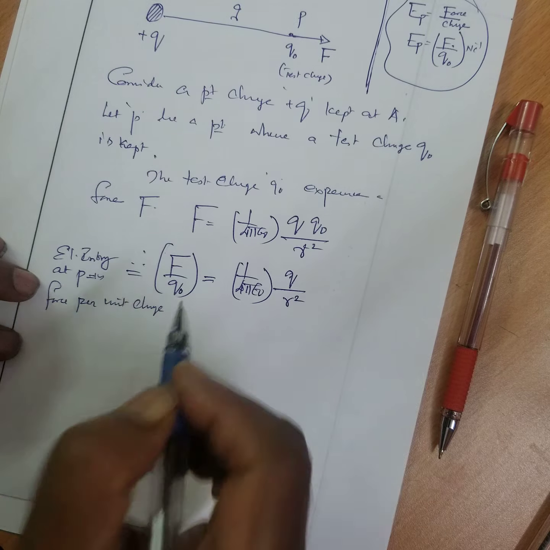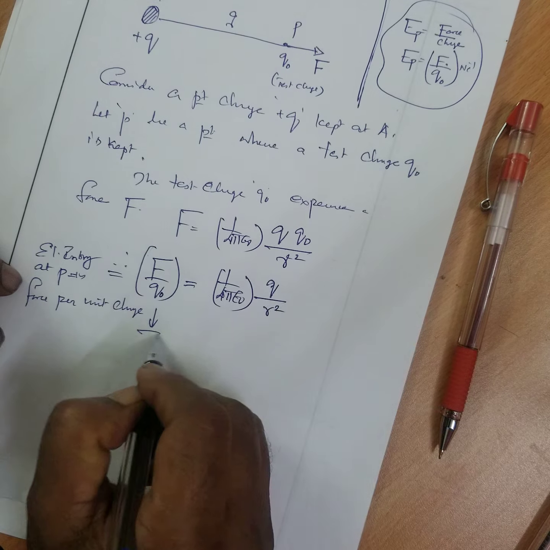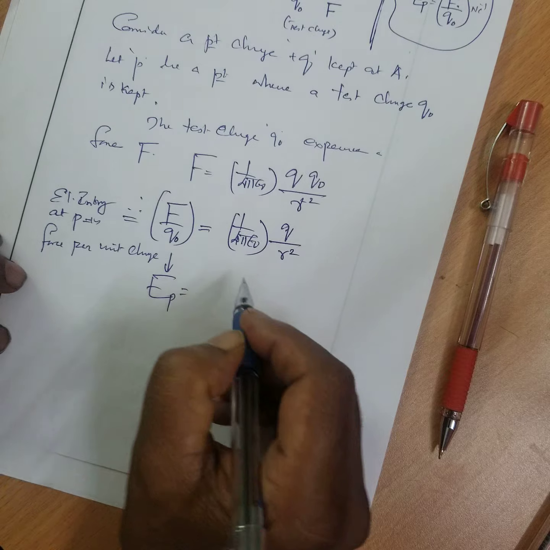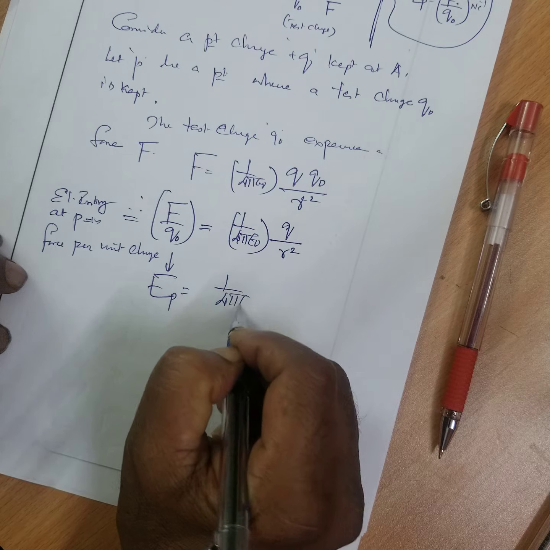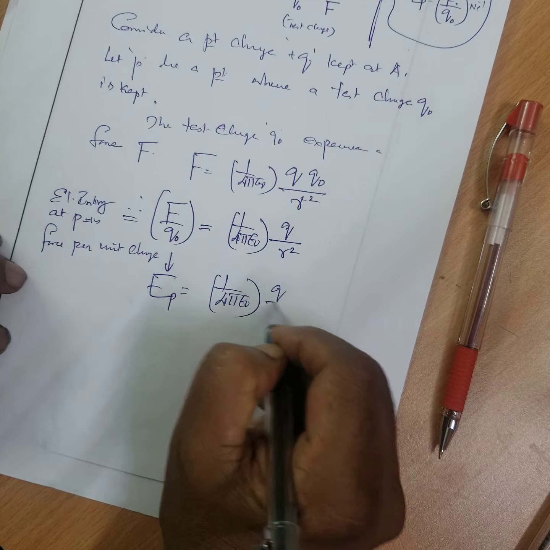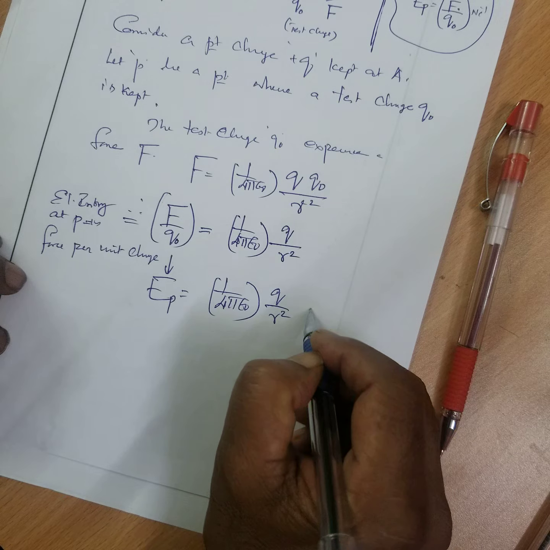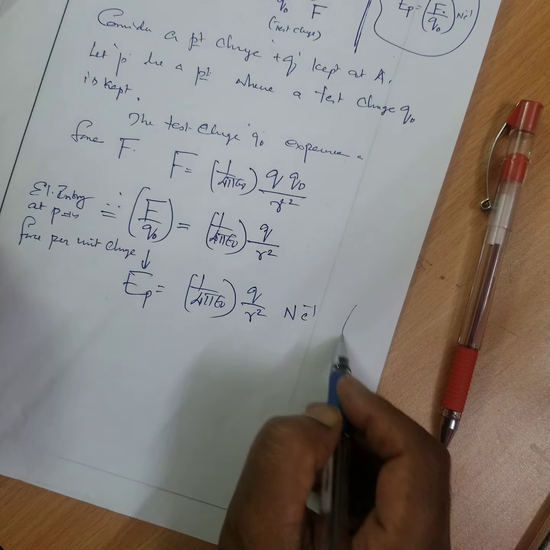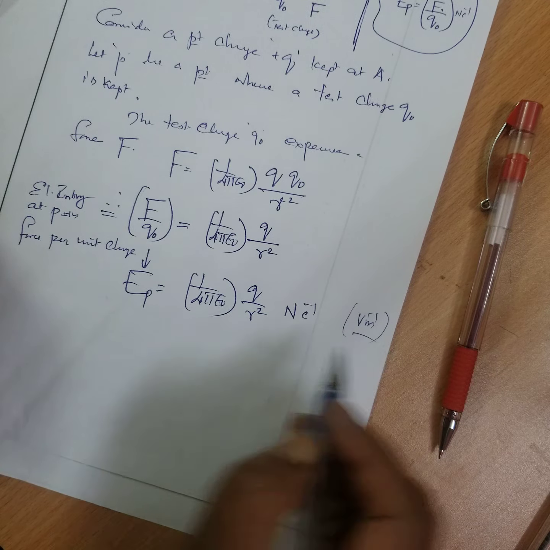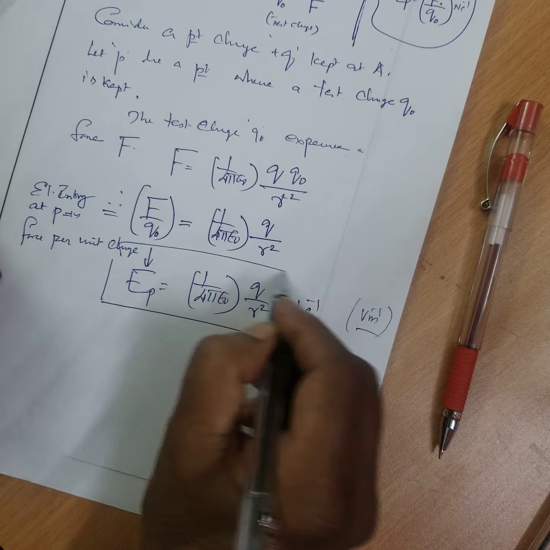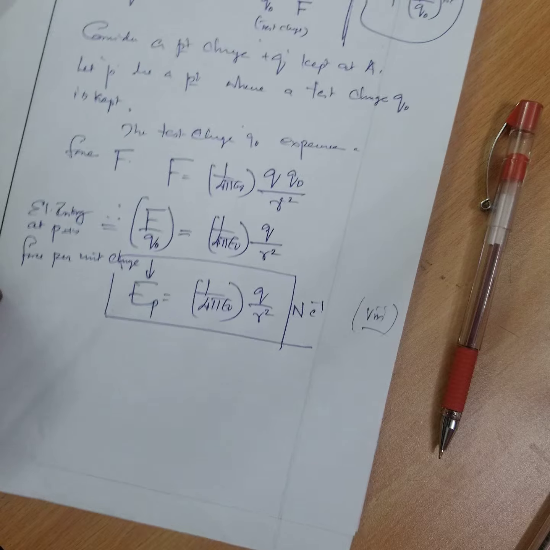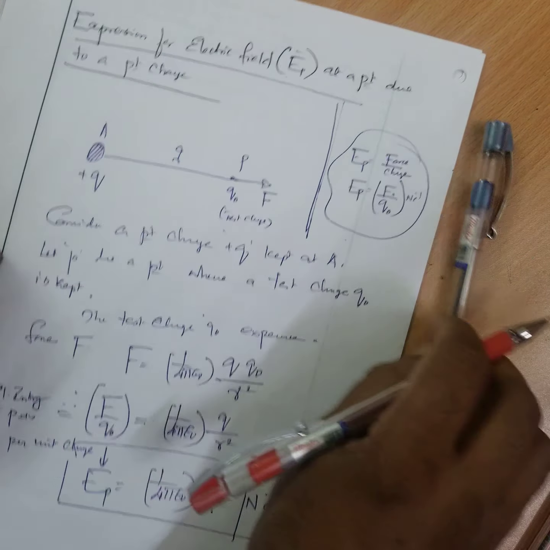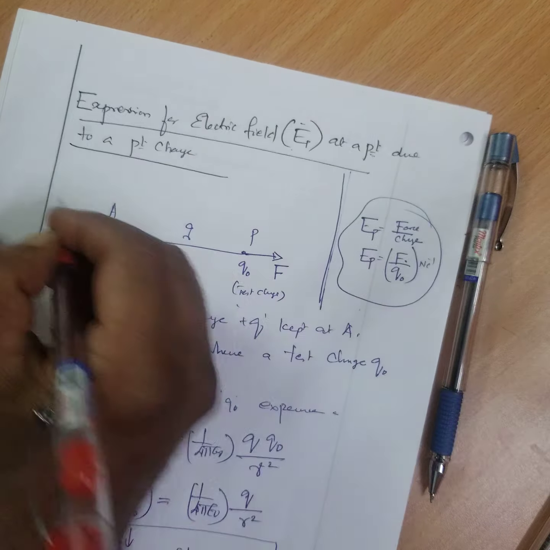Force per unit charge. Therefore, electric intensity at the point is equal to 1 by 4 pi epsilon naught Q by R square, and what? Unit is Newton per Coulomb, or volt per meter also you can write it, but this is the expression. For this, they will ask you for 3 marks.